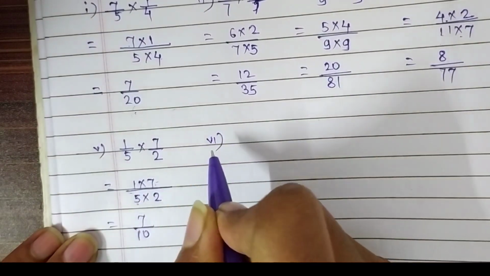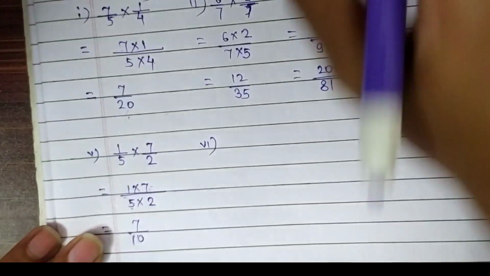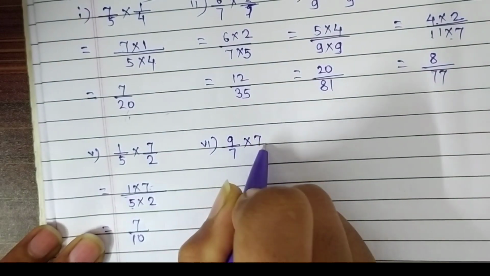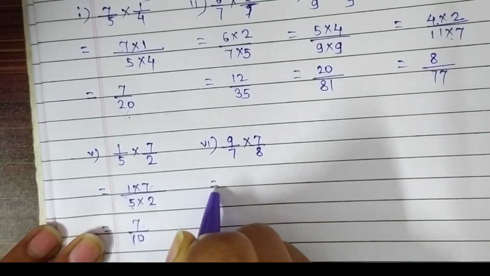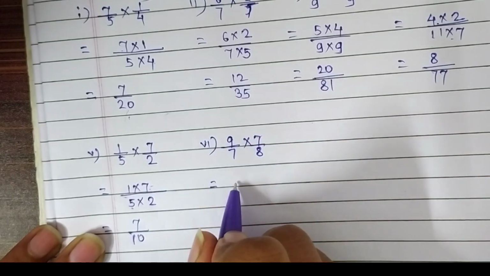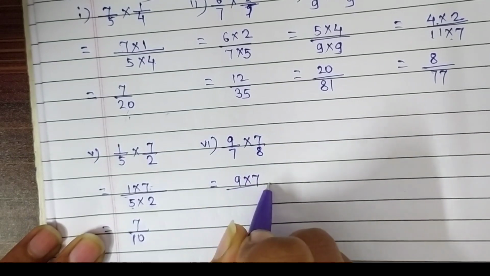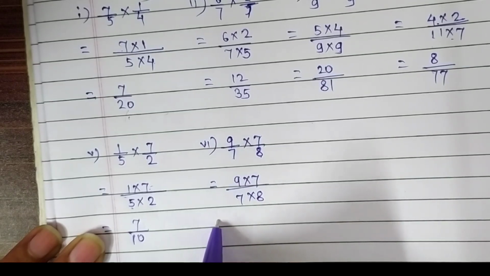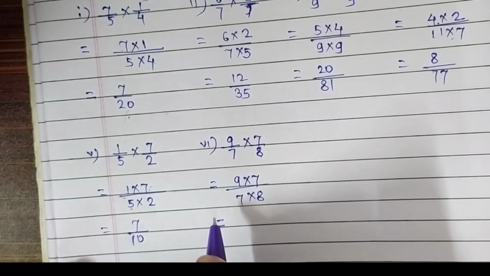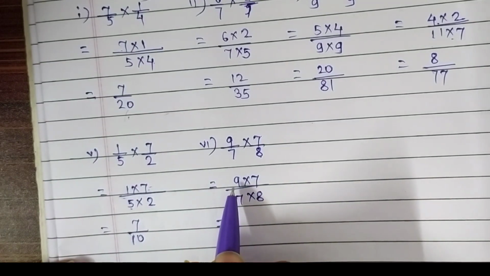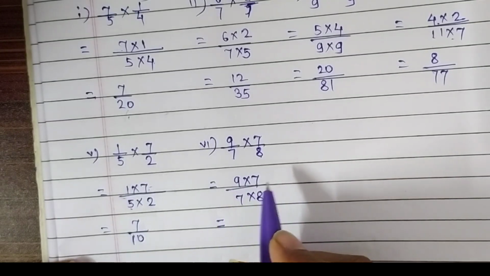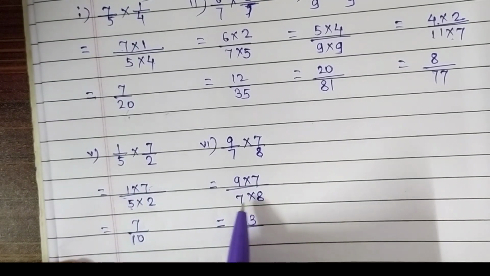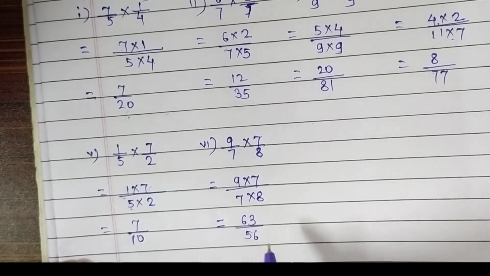Sixth question. It is 9 upon 7 multiply by 7 upon 8. 9 multiply by 7 and 7 multiply by 8. Look, it's easy to multiply the given fractions. 9 7s are 63 and 7 8s are 56.